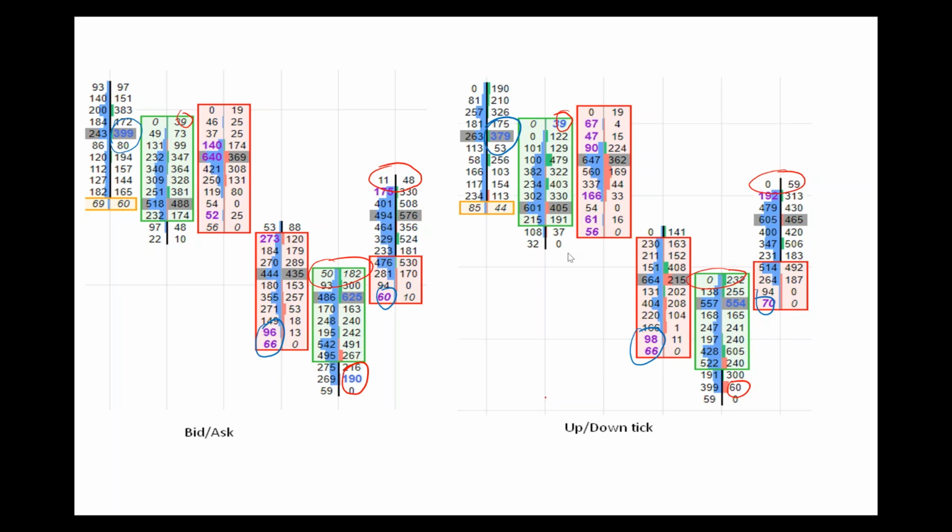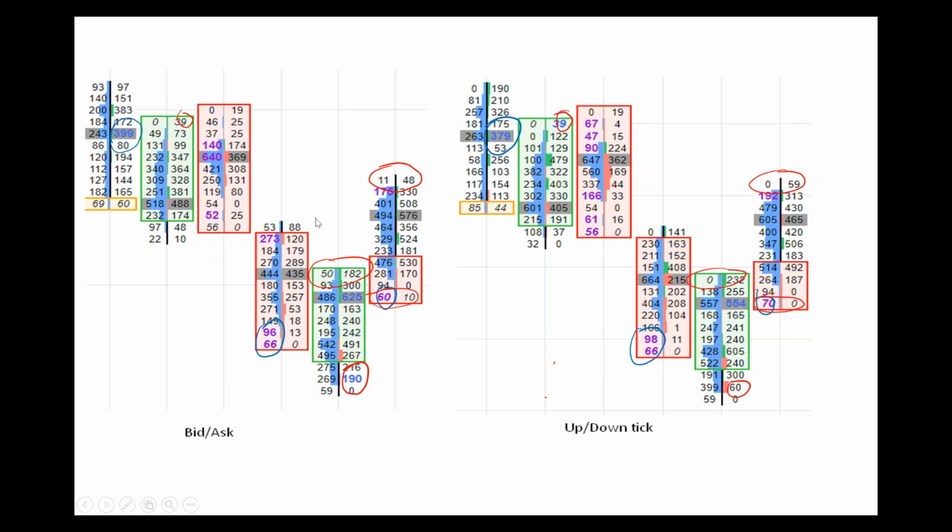With up-down tick, you have exactly the same volume. Let me check here. The volume is always okay. See, you have 59. Yeah, here the volume is always correct. The 70 that you have here, you have 70 here. The volume will always be okay. It's the delta that is different, but the volume will always be okay.